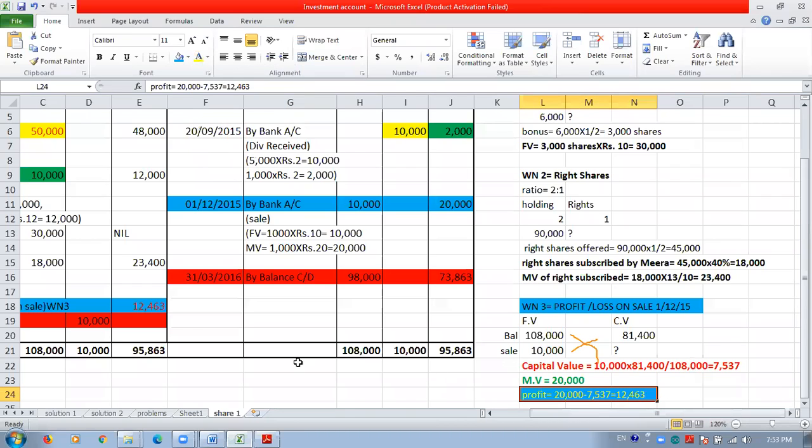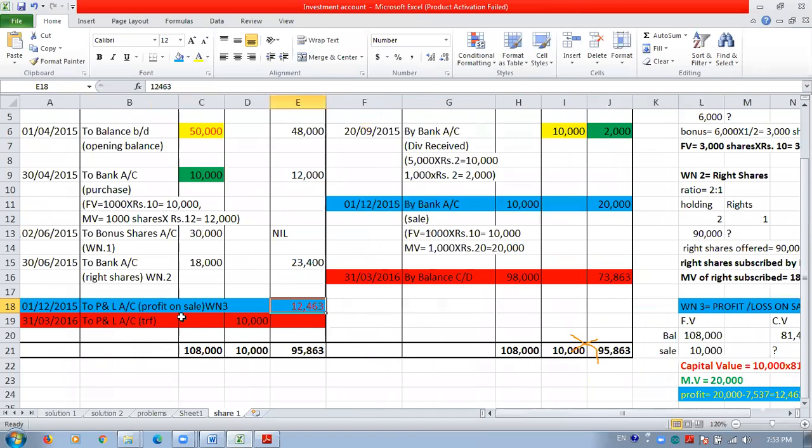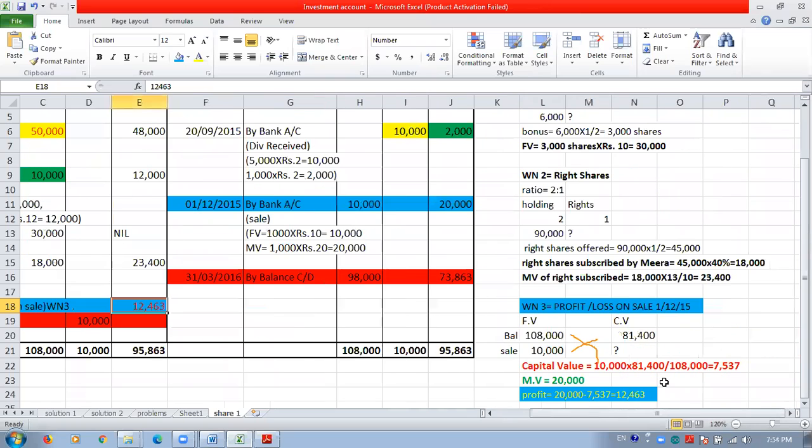So likewise we enter here 12,463. How did we enter it? See here: on 1st December 2015, we had a sale. On that, Meera gets a profit of 12,463, and we enter it here on the debit side to profit and loss account, profit on sale, and it is calculated in working note number 3. You can see here how it is calculated.